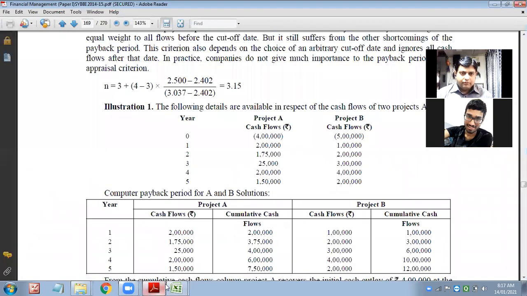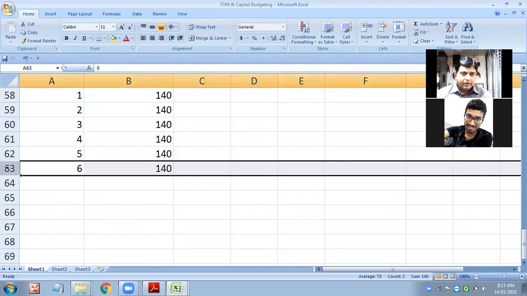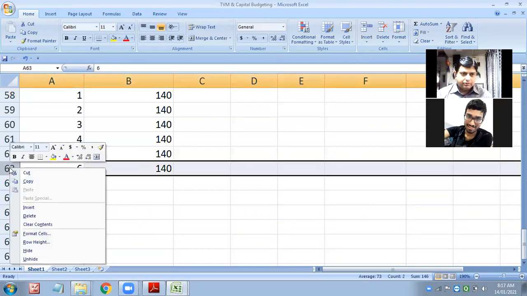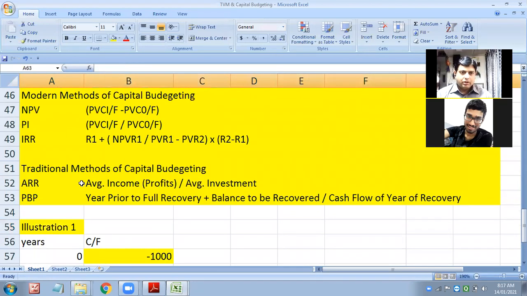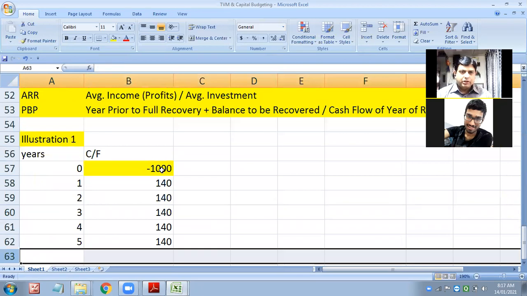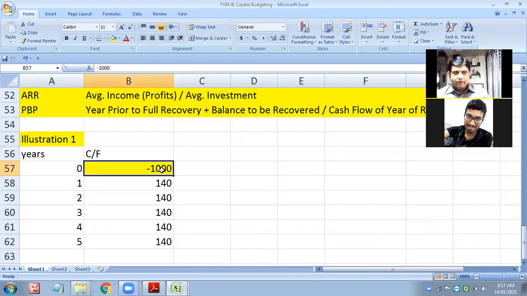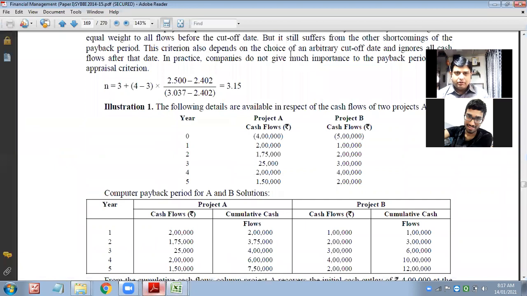I fill the outflow. Sorry, there are 5 years, so one extra year we have, so we remove. Just tell me what is the cash flow for this illustration.